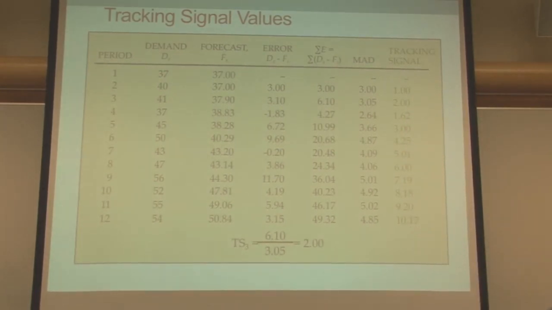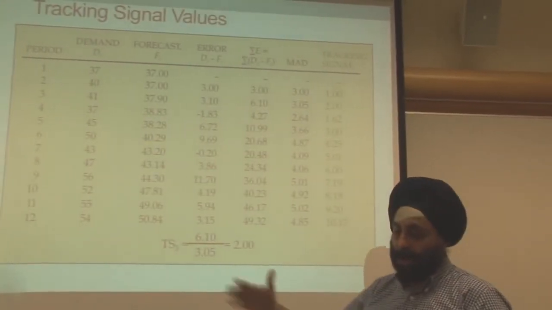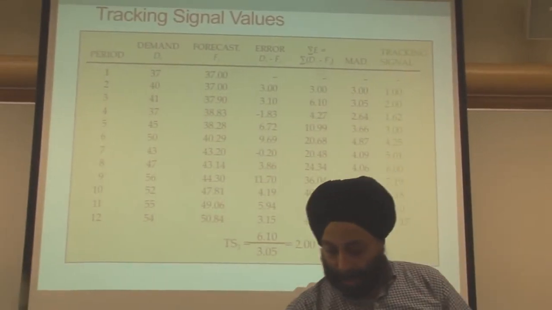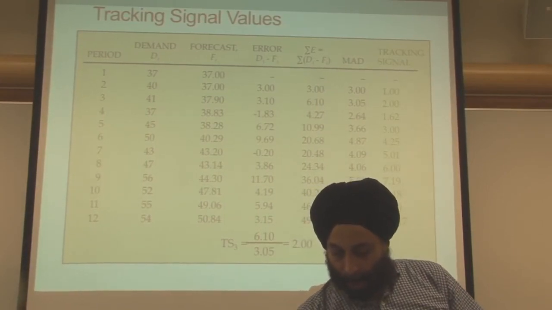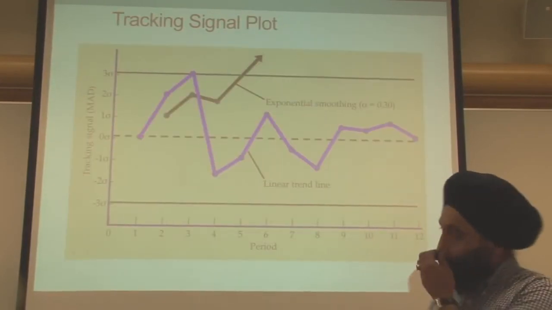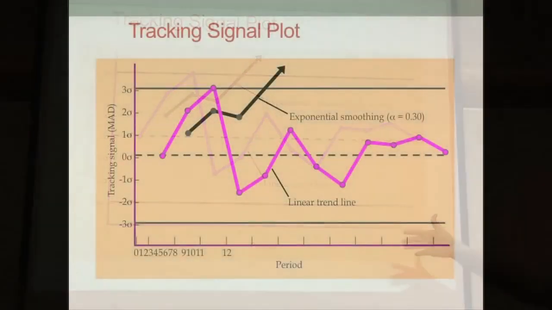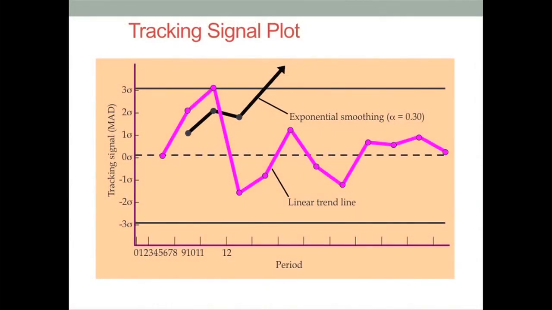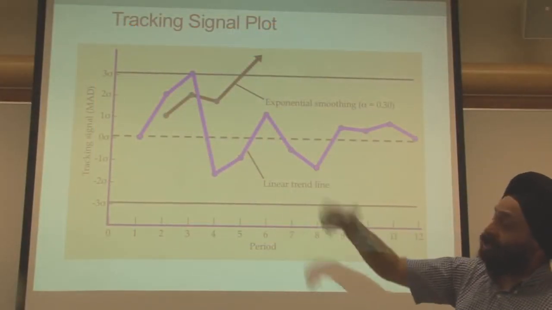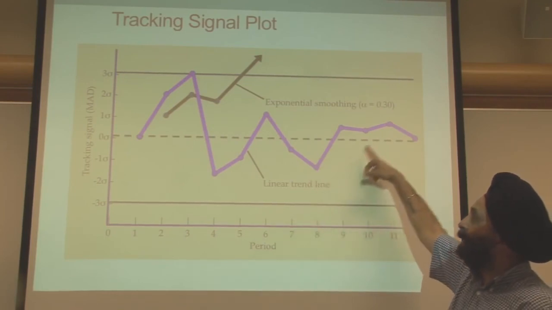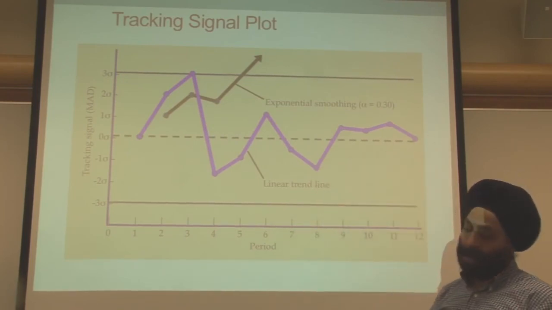So the tracking signal is indicating we are going totally out of whack in this case. That may not be a good model to use. One can easily track the plot. You can see exponential smoothing with alpha of 0.3 is not a good idea, whereas if you were to do the same calculations for the linear trend line, that seems to be within the range.